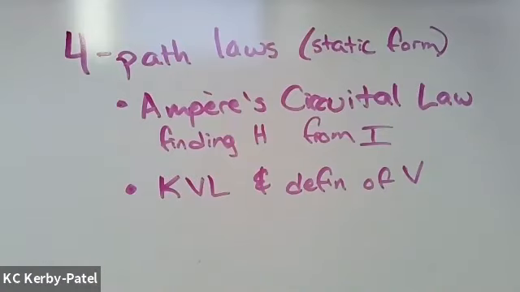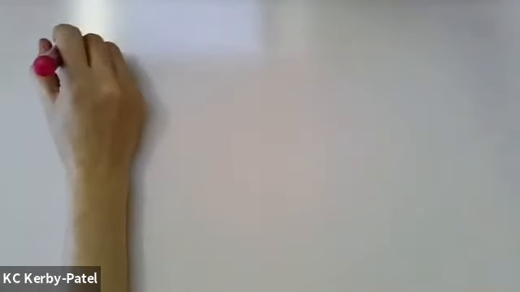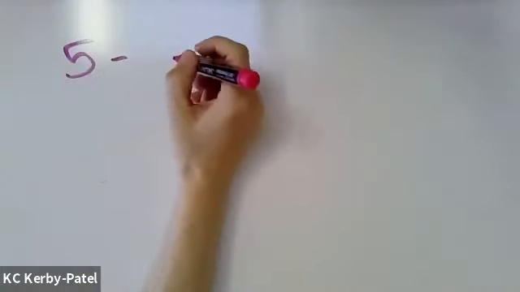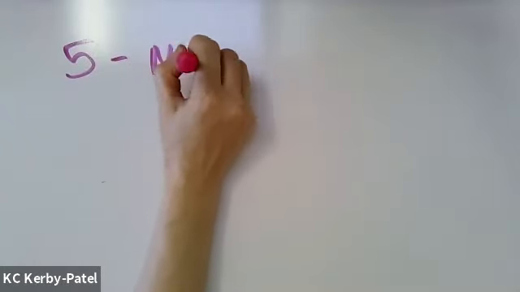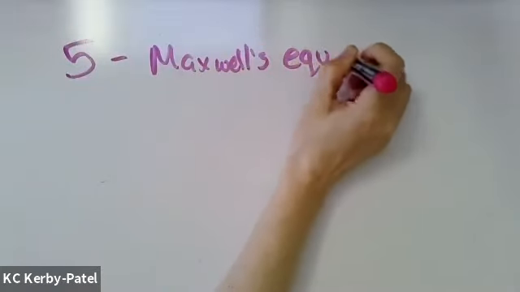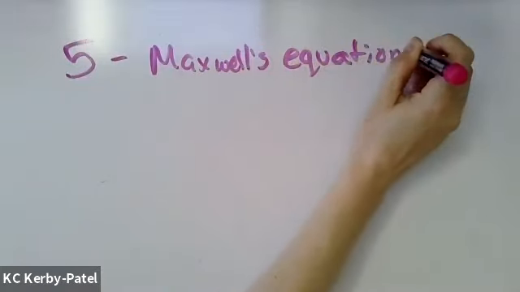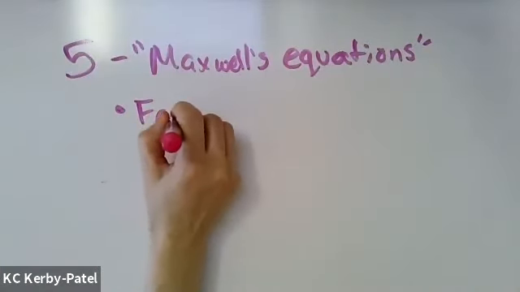Then things started to get really interesting after chapter 4 because we started doing time varying stuff. Right? In chapter 5, we did Maxwell's equations. That was the title of the chapter, but it included things like Faraday's law.